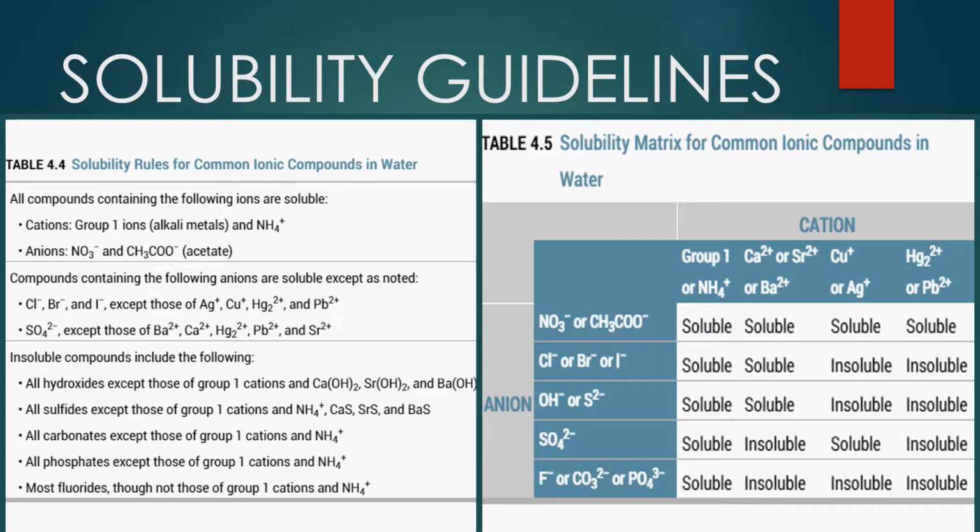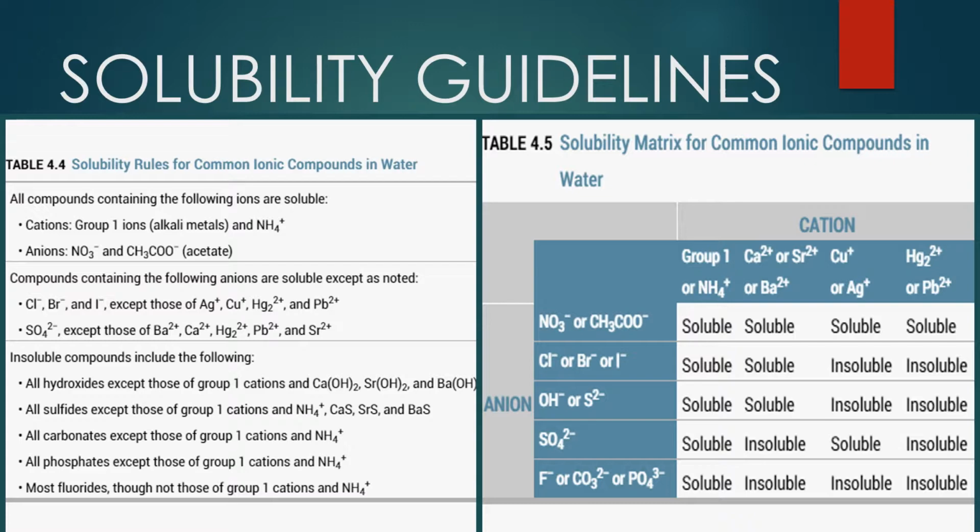Chloride, bromide, and iodide are the group 7 elements, and those are soluble unless they're paired with silver, copper, mercury 2, or lead 2. And also the sulfate, unless it is with barium, calcium, mercury 2, lead 2, or strontium.